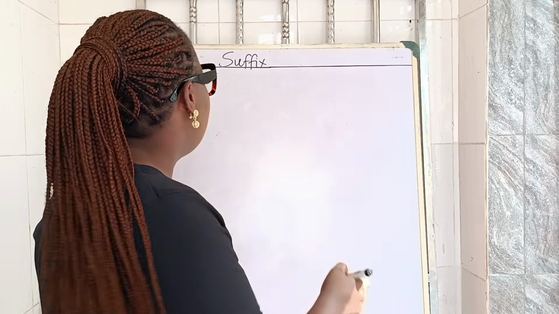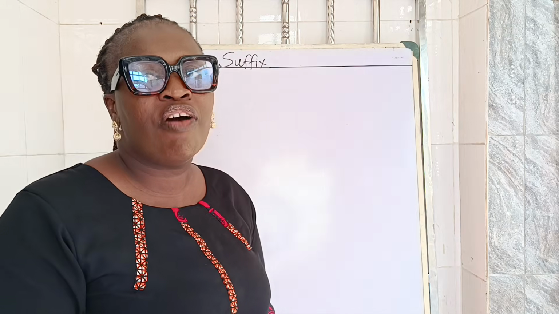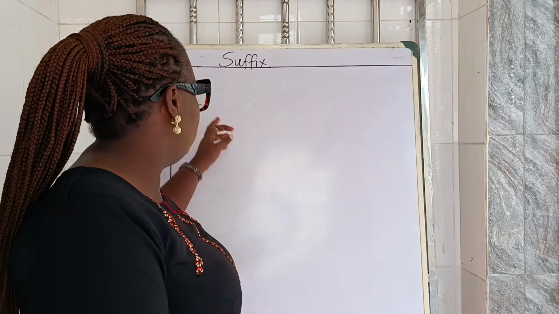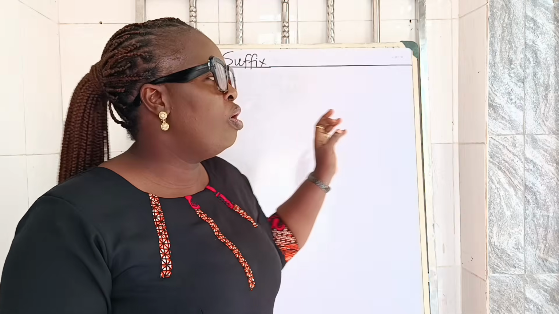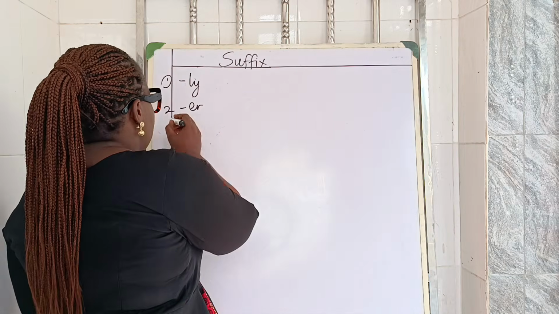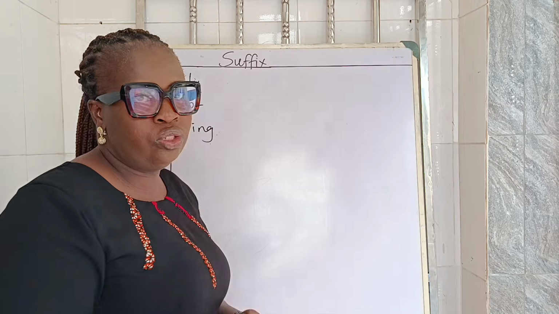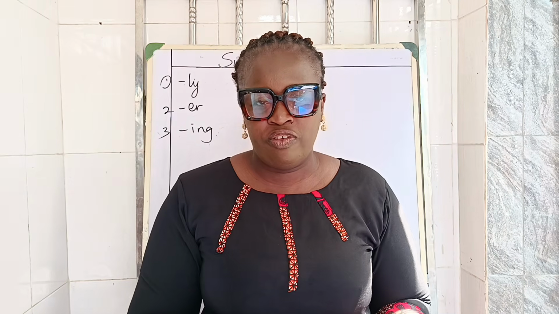We also have er. You can add it after a root word, like teach to teacher. Remember, we are talking about common suffixes. We have number 3, ing, which is an action word. Do you understand? And so many other examples of suffixes.